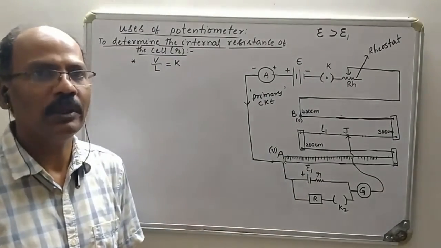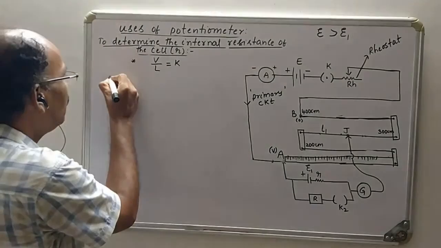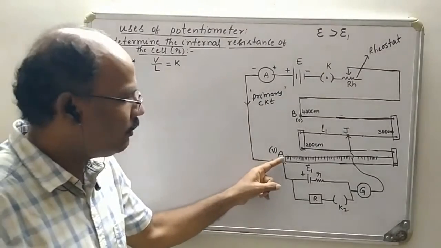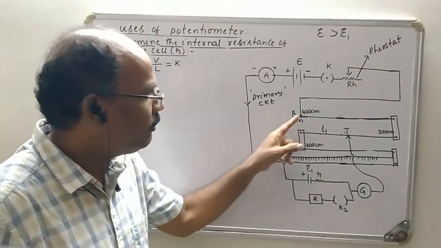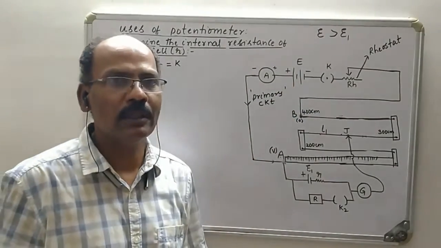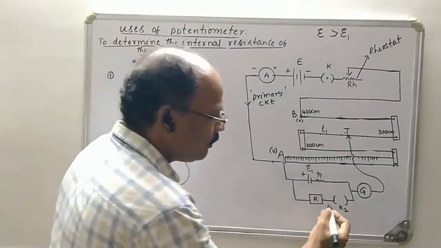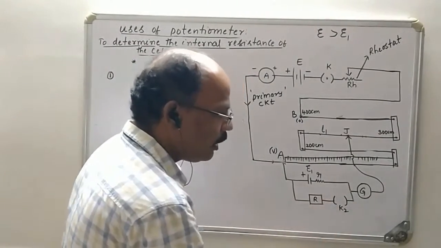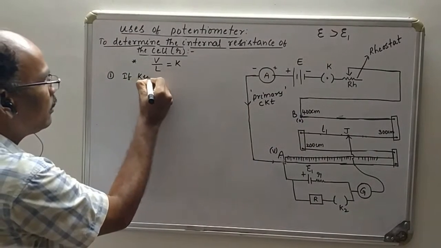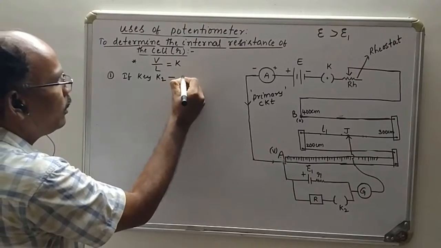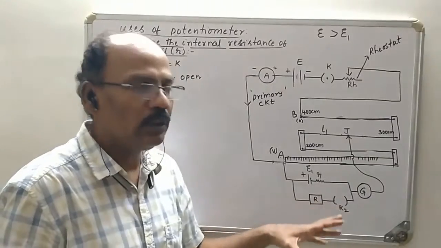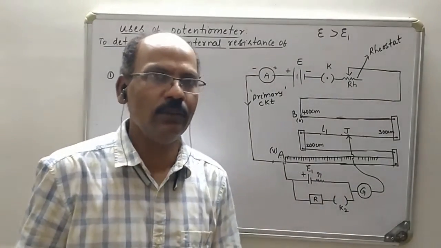V is proportional to L. First, we observe that a steady current is passing through the given potentiometer wire between A and B by means of the battery in the primary circuit. Suppose key K2 is open, then the resistance R does not come into the circuit.